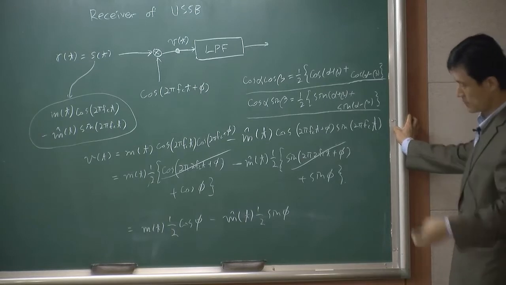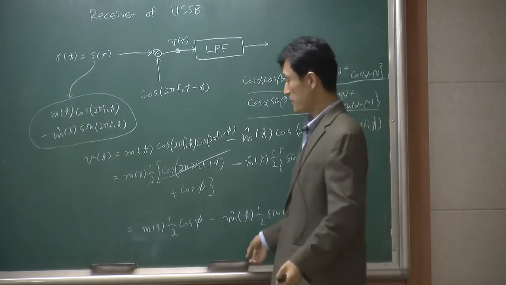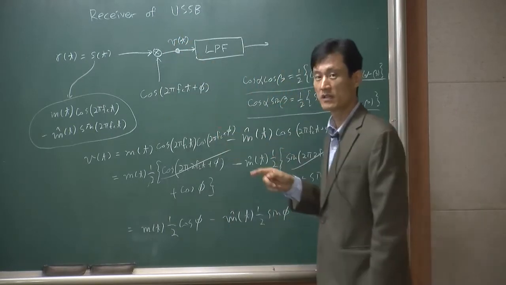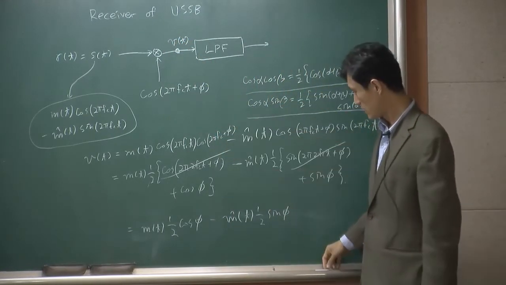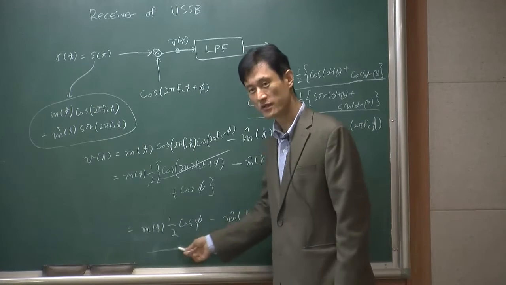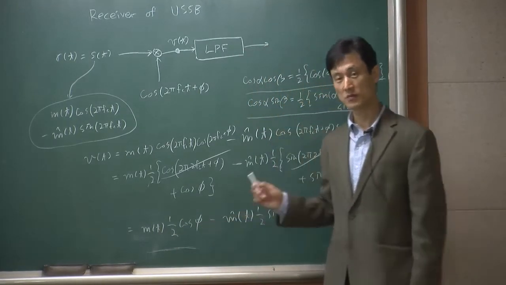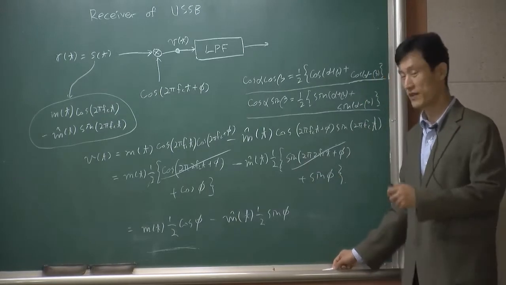If you remember the DSB case, in the double sideband case, if you have a phase mismatch, that was the output. Remember that? This was the output from the DSB when you have a phase mismatch.